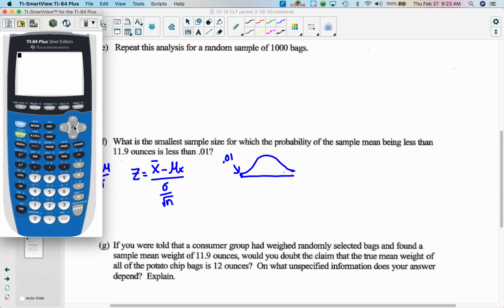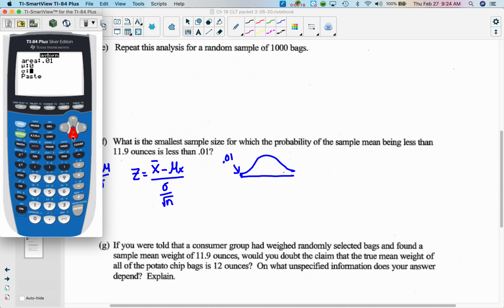So if you go to your calculator and you do second distribution, and we want to do inverse norm. The area has to be to the left, so it's 0.01. And we want the standard normal. So remember, for a standard normal distribution, the mean is 0 and the standard deviation is 1.